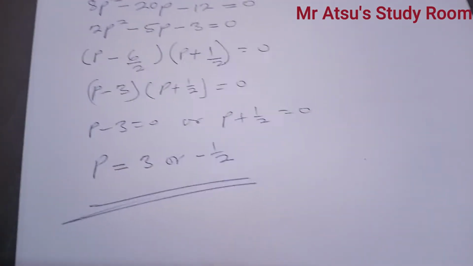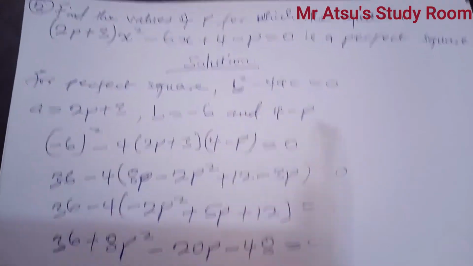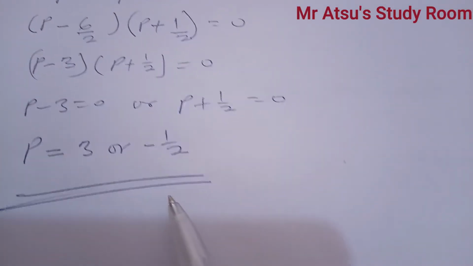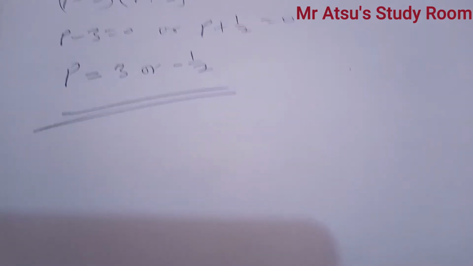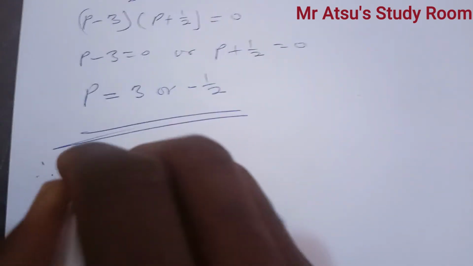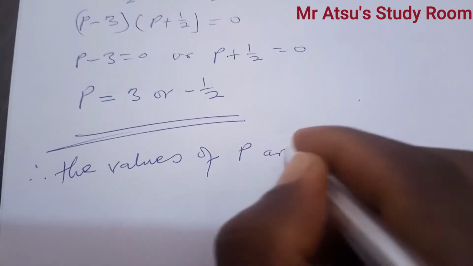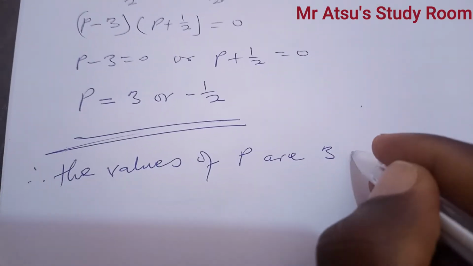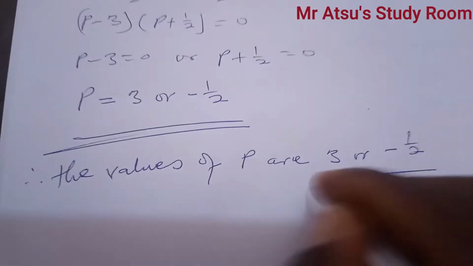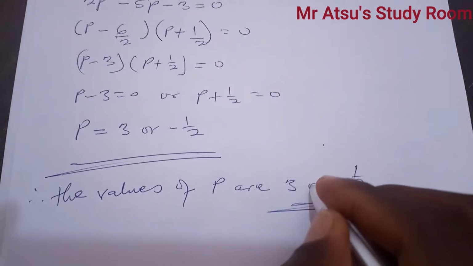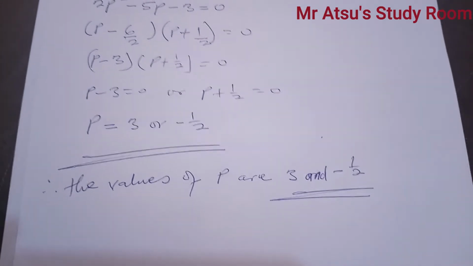It means that if this equation is a perfect square, then our p is 3 or negative 1 over 2. Those are the values of P. So let's conclude that therefore the values of P are 3 or negative 1 over 2.